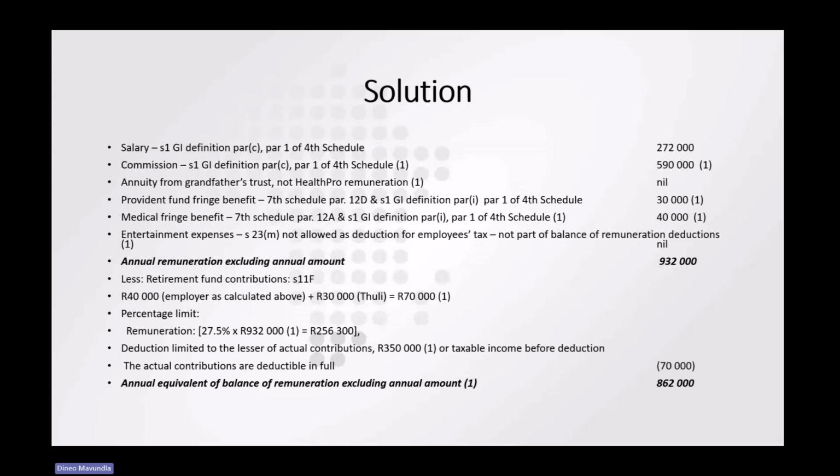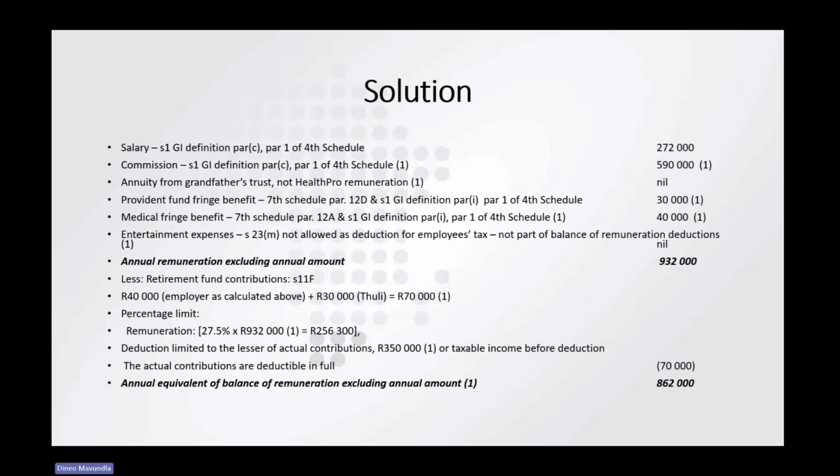The Provident Fund fringe benefit is in terms of the 7th schedule, paragraph 12D, as well as section 1 of the definition gross income, paragraph I, and then paragraph 1 of the fourth schedule, and that's 30,000 Rand.